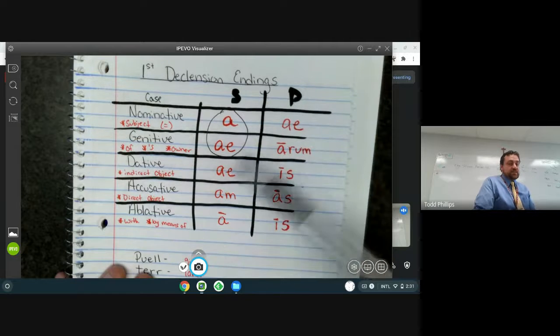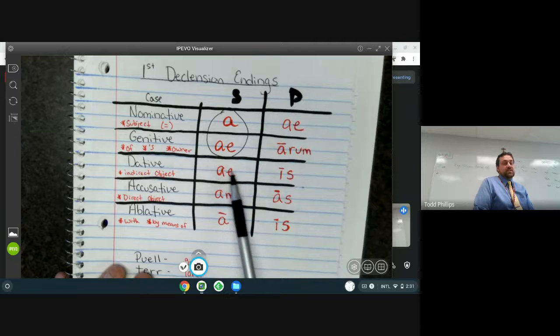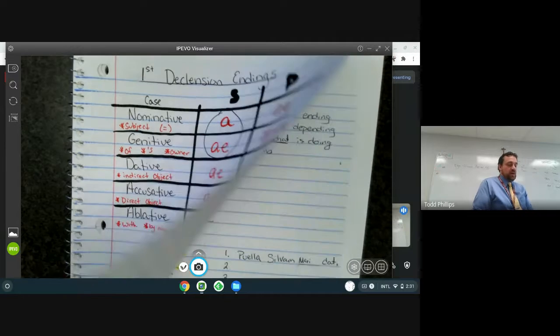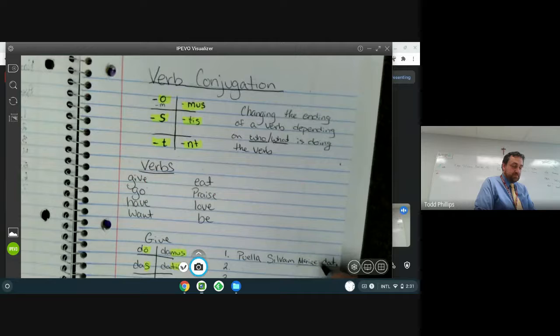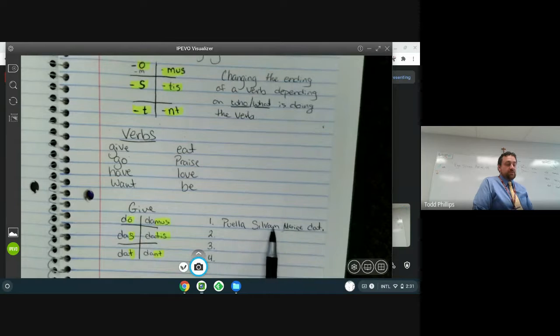And then it gets to Mary. So Mary is the indirect object. Okay? And so if she's giving it to multiple Marys, then it'd be Maris. But she's just giving it to Mary, singular, so Marii. So the sentence, Puella silva Marii dat, means the girl a forest to Mary gives.